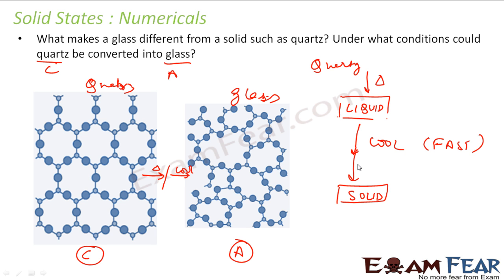Cool it fast, you get the solid form, but since you cool it very fast, the quartz particles, the constituents, will not get enough time to rearrange themselves in the best possible way. Correct? So it will become amorphous. Hope you understand what happened here.